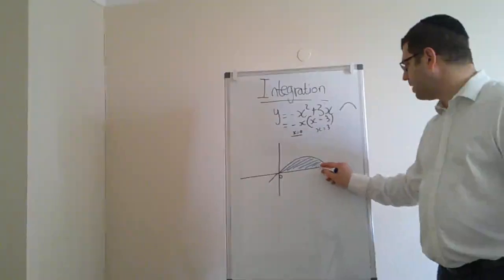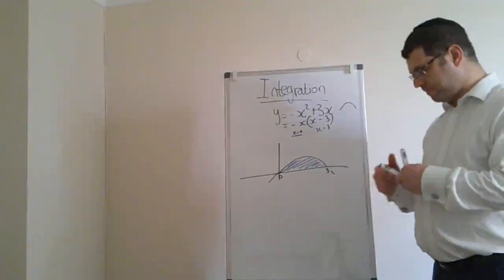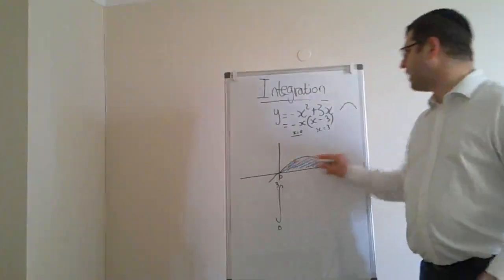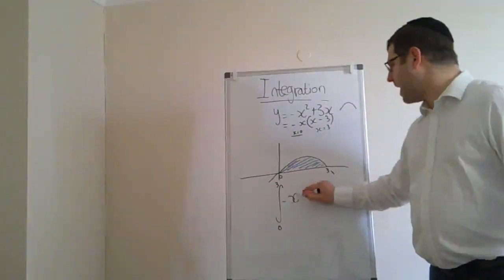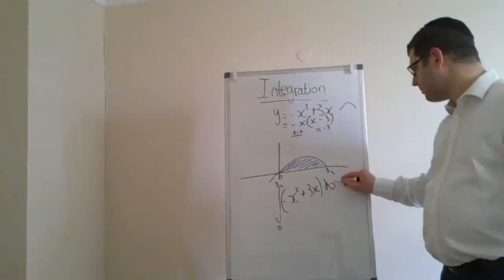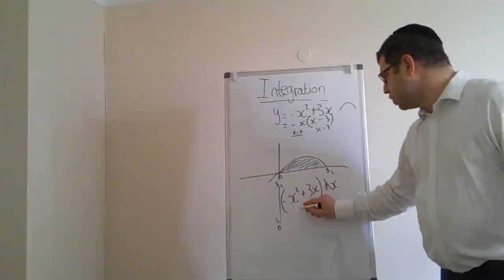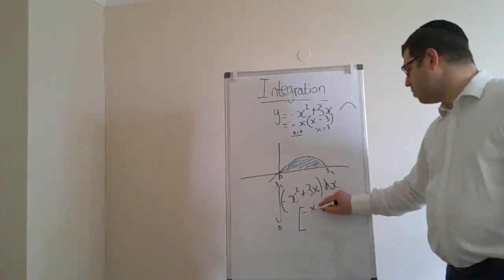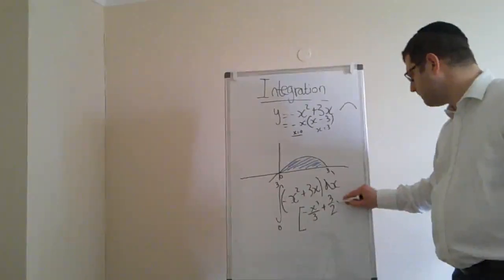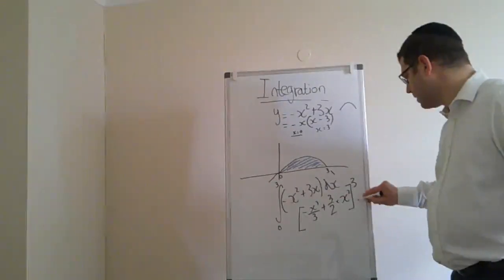So this is the graph that we're interested in. If we now perform the integration, we're integrating between 0 and 3, as we found, of minus x squared plus 3x dx, which integrates to, let's increase the power and divide by that new power, that's x cubed over 3, like so.